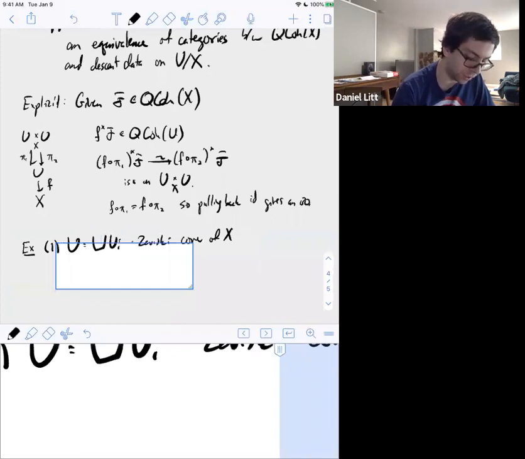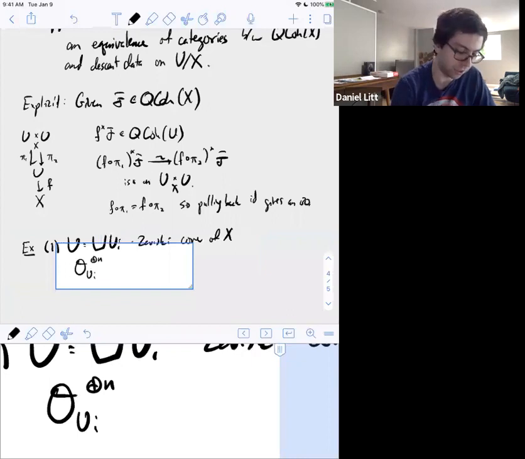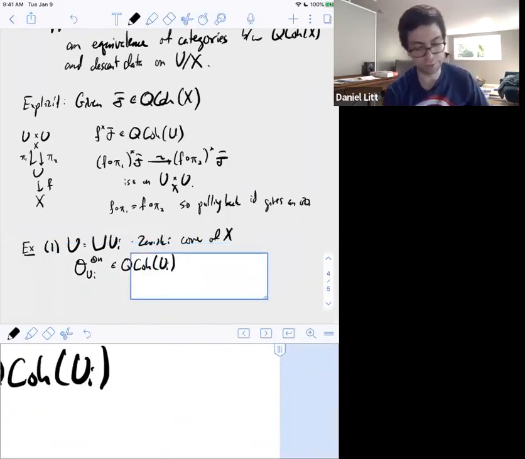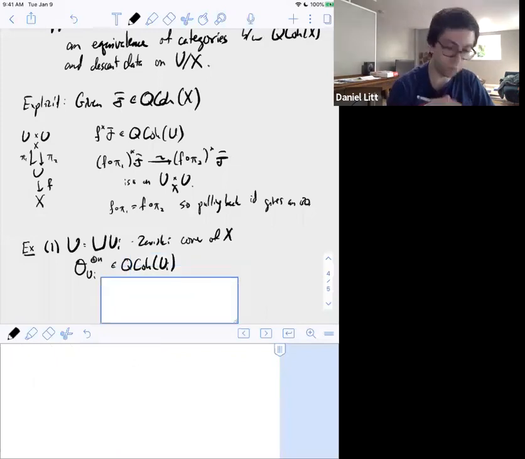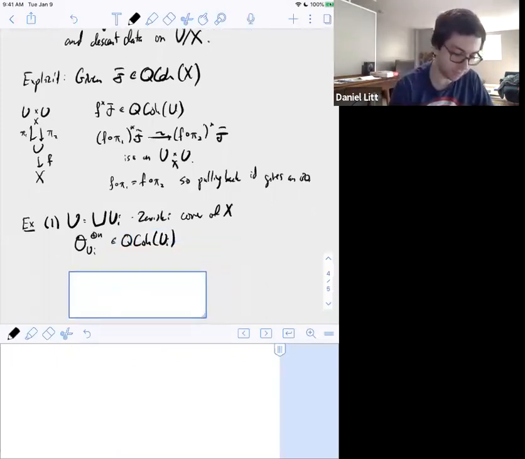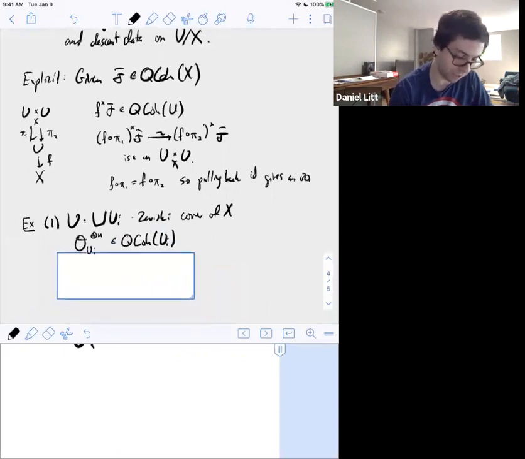So one way to specify a vector bundle is, let's just take O_{U_i} to the direct sum n, so locally just an honest free sheaf. So this is in QCoh(U_i), right? And if we have the same n, this just gives us a free vector bundle of rank n on U, right? And so what do we need to glue this to a vector bundle on X?